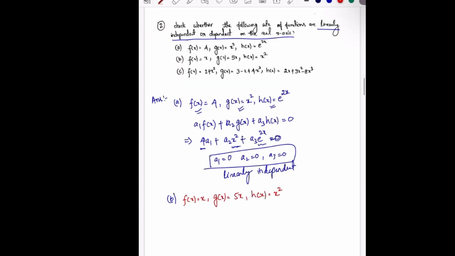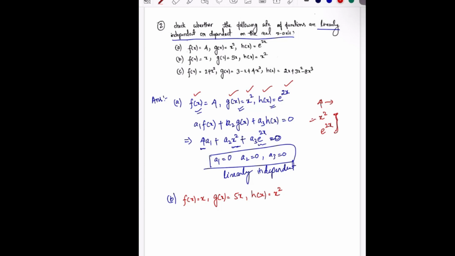Okay. So look, there are three functions given: f(x), g(x), and h(x). For the first, it is 4, a constant value. The second is x², and the third one is e^(2x). Now, if you look at these functions, 4, x², and e^(2x), then you cannot write one of these functions as a linear combination of the others. You cannot write 4 as a linear combination of x² and e^(2x).